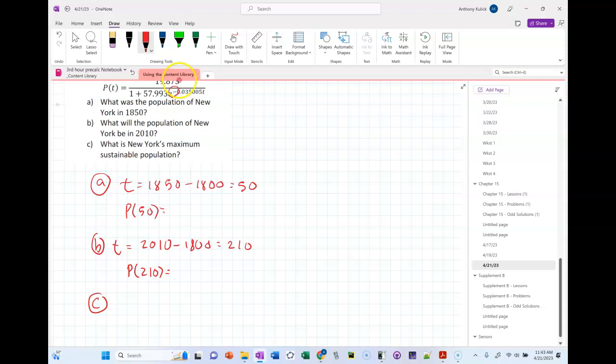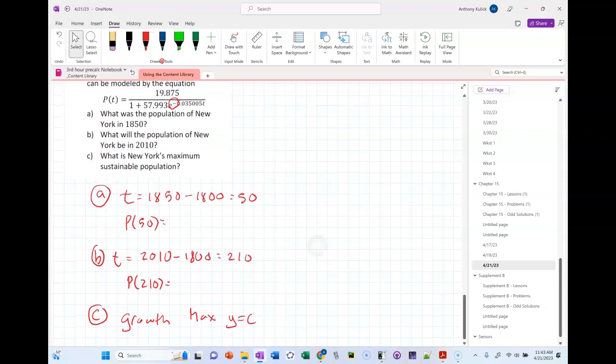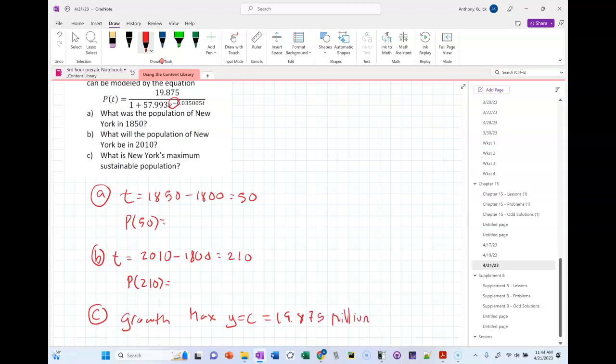Well, I notice since this is a negative in my exponential, that this is a growth. So my maximum is just going to be y equals c. And the c in this case is 19.875 million people.